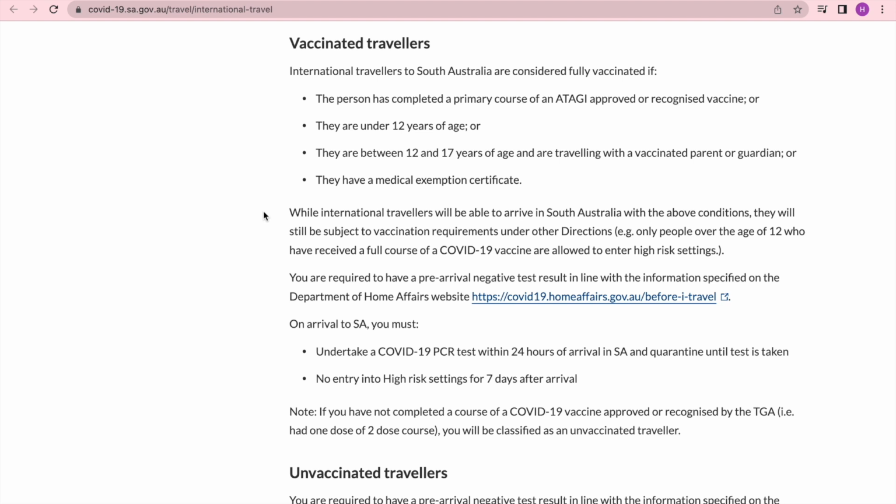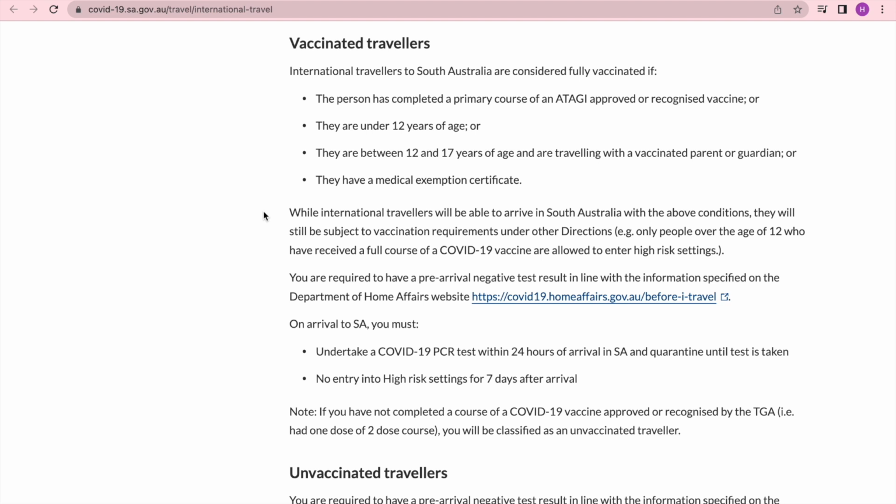So while international travellers will be able to arrive in South Australia with the above conditions, they will still be subject to vaccination requirements under other directions. Example, only people over the age of 12 who have received a full course of a COVID-19 vaccine are allowed to enter high-risk settings.